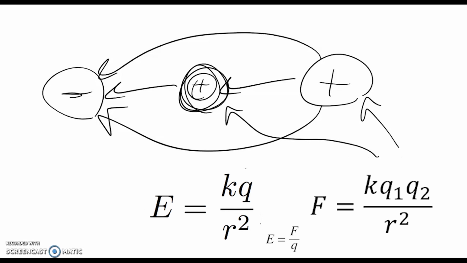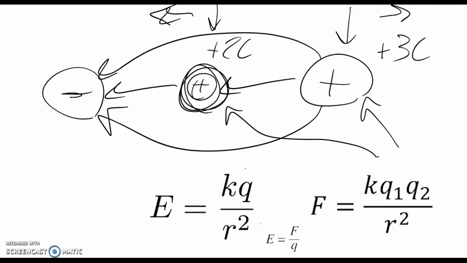So if this charge had a non-negligible charge, say +2 coulombs, this one had +3 coulombs, you would then have to take into account that charge when trying to determine the force being exerted by these charges, remembering, of course, that these are third law pairs, and so the force experienced by this one would also be similar to the force experienced by that one, just in opposite directions.